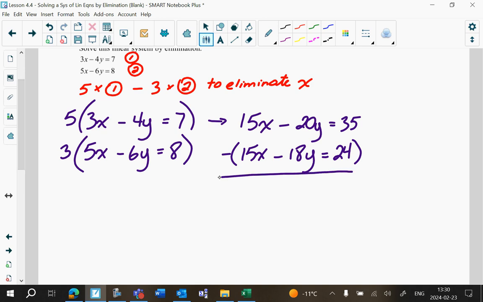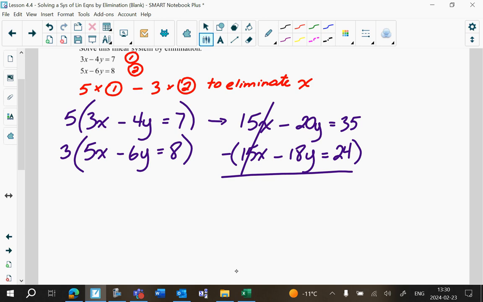So 15x minus 15x. Nothing. Don't have to write 0x or anything. They're gone. What about the next one? Negative 38y. Sorry? 2y? Negative 4y?